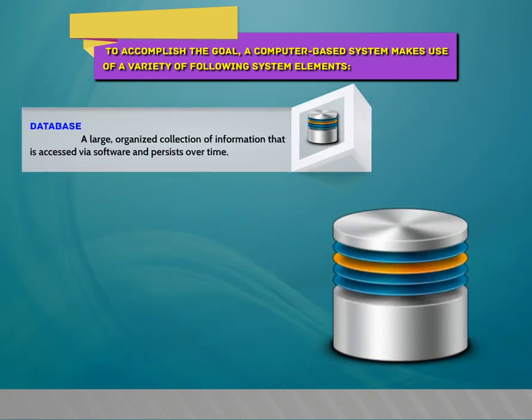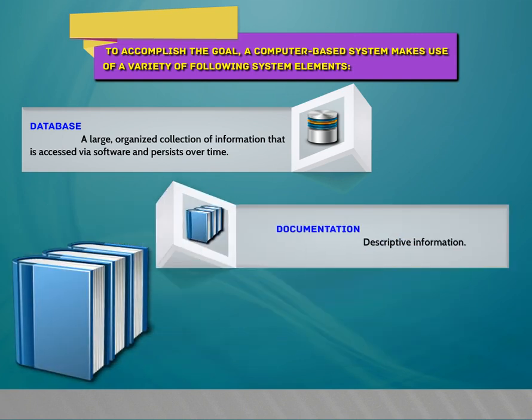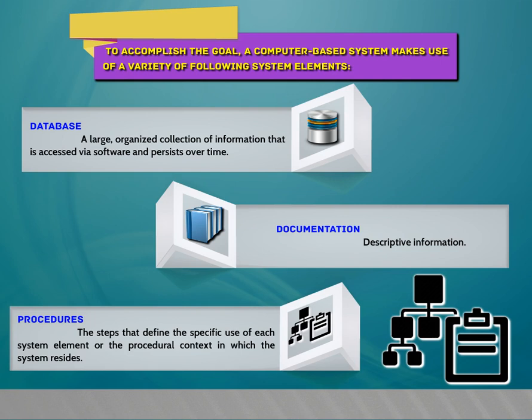Database: a large organized collection of information that is accessed via software and persists over time. Documentation: descriptive information. Procedures: the steps that define the specific use of each system element or the procedural context in which the system resides.